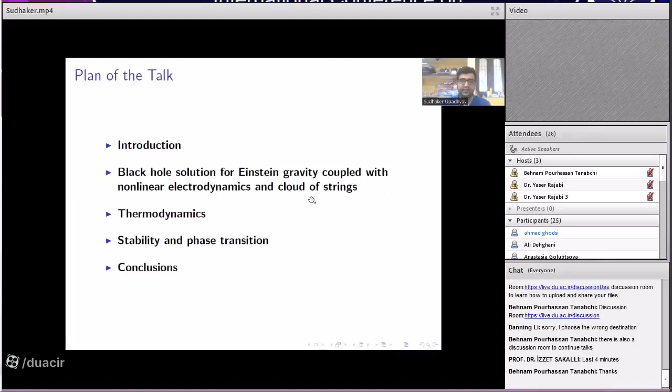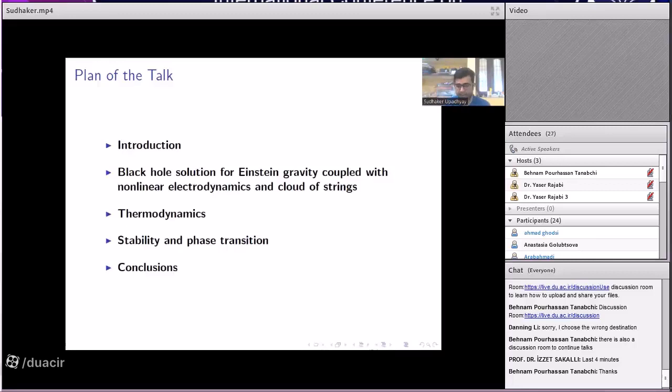After getting the new regular black hole solution, we'll discuss the thermal properties and the stability by calculating the heat capacity, whose signature describes whether the black hole solution is stable or not, or whether there is any phase transition or not. Okay, and finally we conclude my talk.